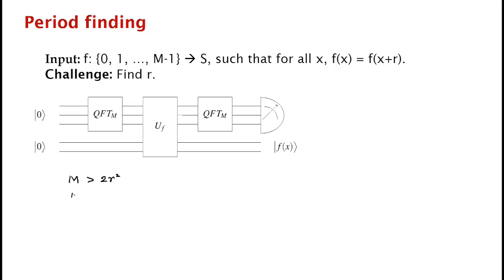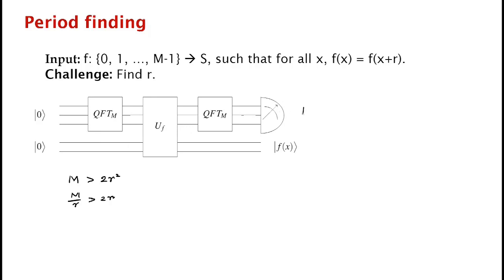Another way of saying this is that m over r is at least 2 times r, meaning that the number of periods that we look at is comparable to and larger than the period itself. In this case, the quantum circuit remains exactly the same. We follow the quantum circuit and do Fourier sampling.